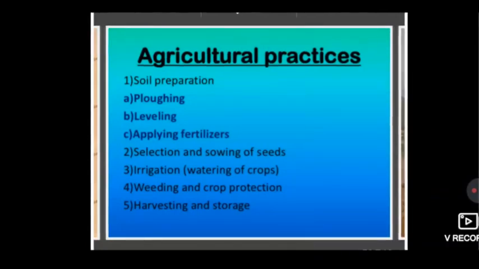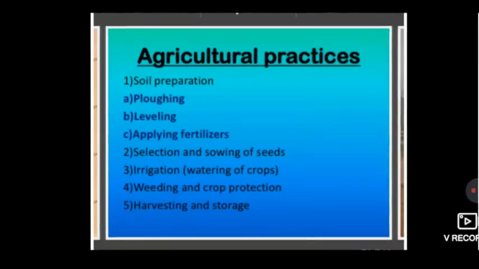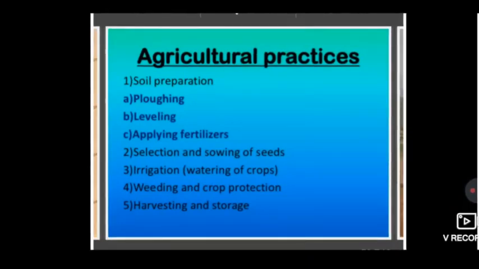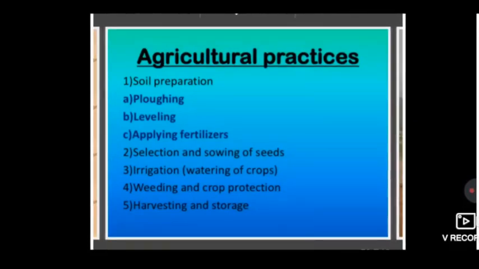The second agriculture practice is selection and sowing of seeds. Third one is irrigation, that is watering of crops. Fourth one is weeding and crop protection. And fifth and last one is harvesting and storage.